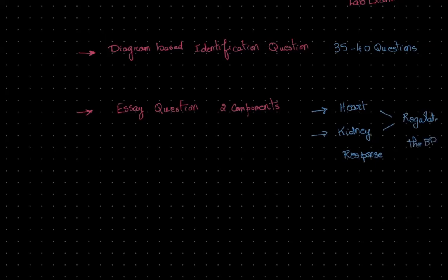And those are going to be representing the remaining 10 to 15 points for your lab exam. So you do have 35 to 40 questions, each one is worth 1 point towards this exam, and 10 to 15 points towards the essay question, or the two essay questions that will appear on your test.